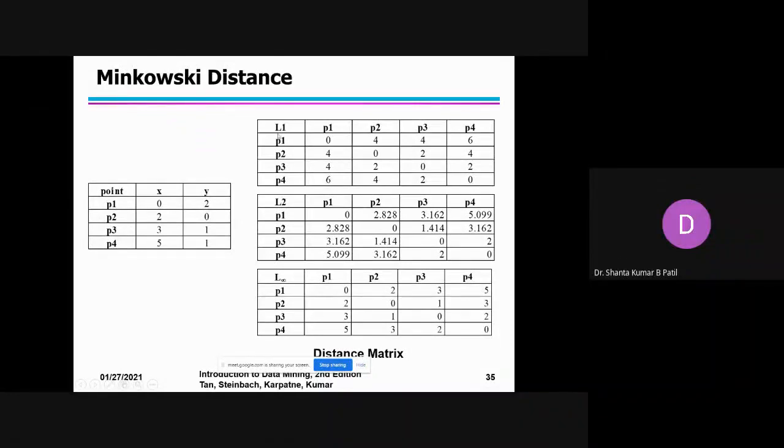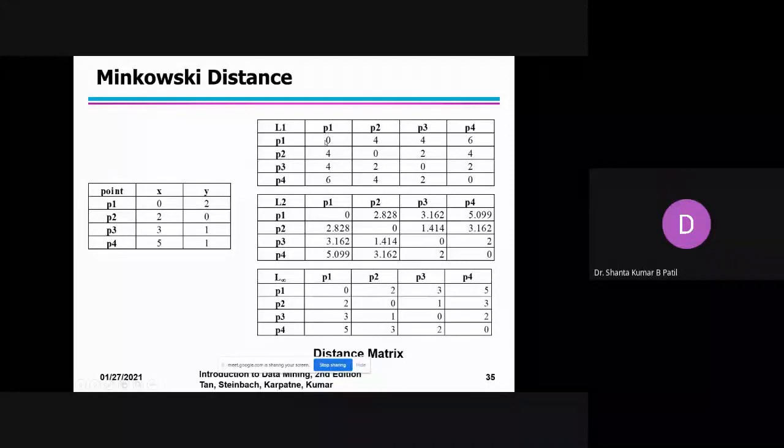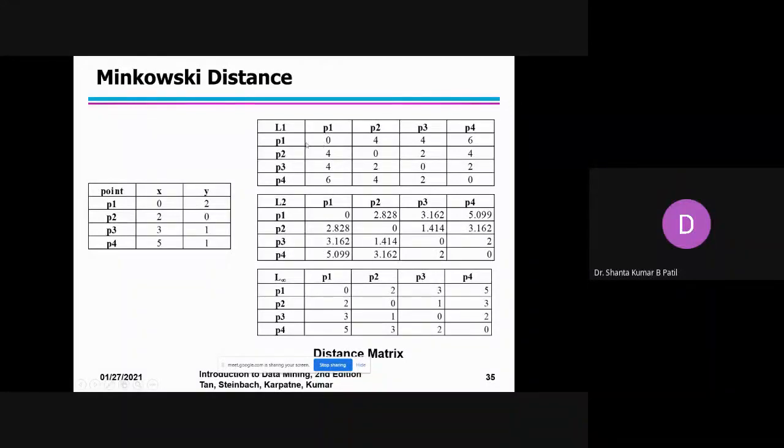In the case of L1, there is no difference between the 2 points P1 and P1, so that is 0. Whereas P1 to P2 is 4. How do we get P1 to P2?